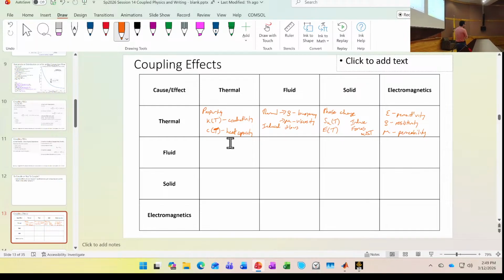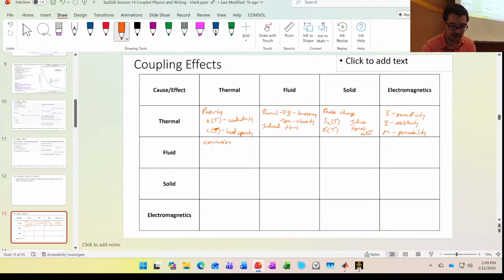But how does a fluid system affect thermal systems? Sure. Right, so convection, heat transfer.